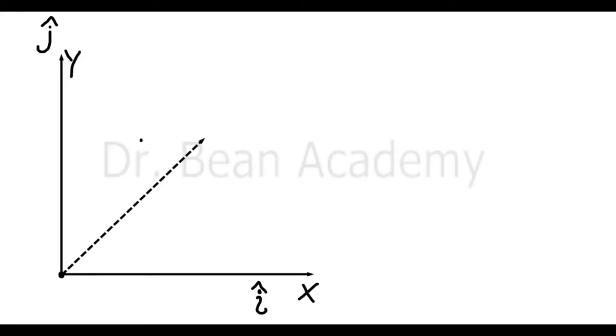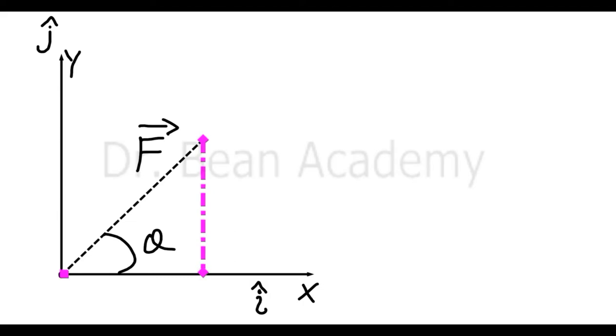Suppose we have a vector F somewhere between the x and y axis. The vector F is making angle theta with the x-axis. I want to know about the horizontal and vertical components of vector F. For that, I can draw a perpendicular from the tip of vector F to the x-axis.